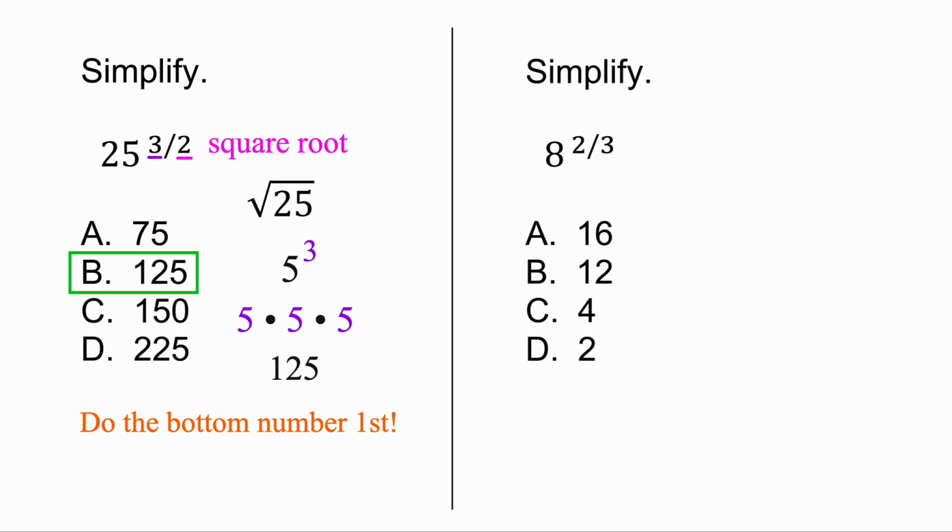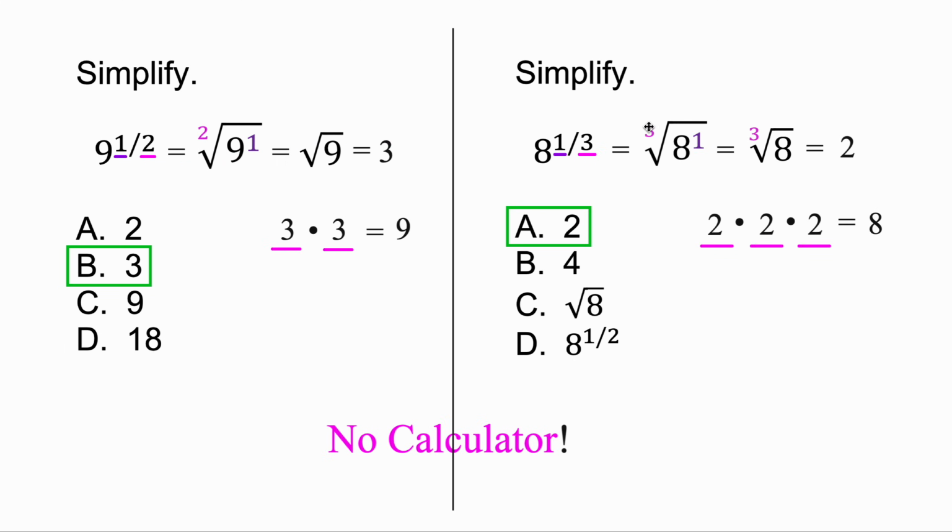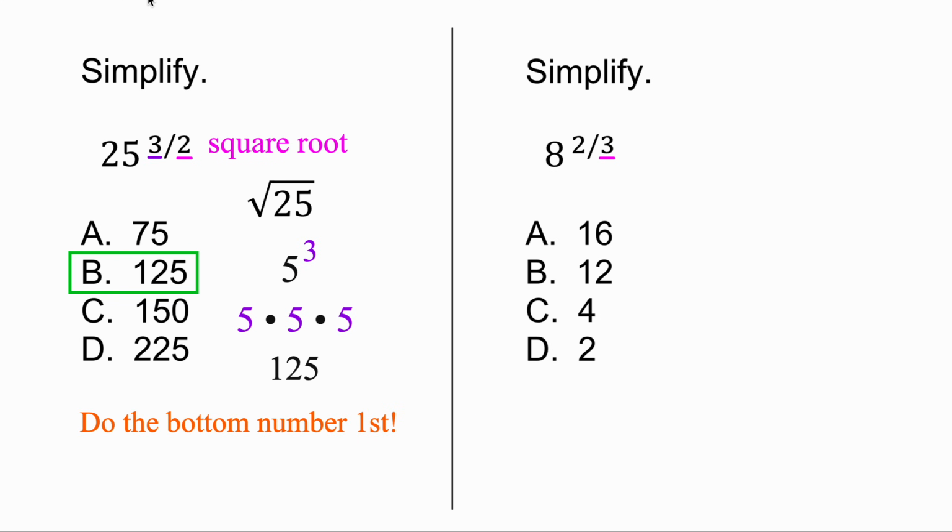Okay, what about this one? Same thing, right? We've got 8. Let's do the 3 in the bottom. Reminding ourselves again, that's going to become a cube root when you've got a 3 in the bottom. That gives us the cube root of 8. We did that before: 2 times 2 times 2 gives us 8, so that's the cube root.